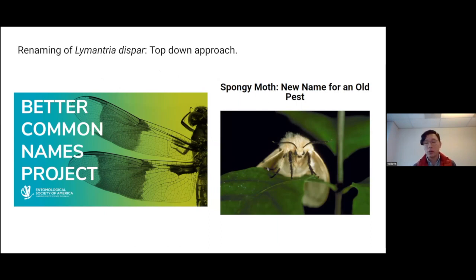So they started the Better Common Names project to start changing the names of the gypsy moth, as well as a lot of other insects that have names associated with groups of people or with a country.